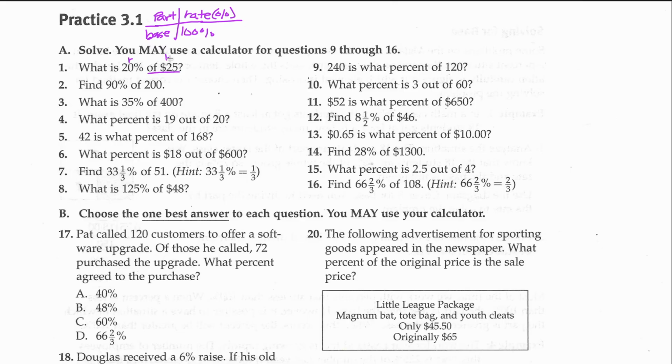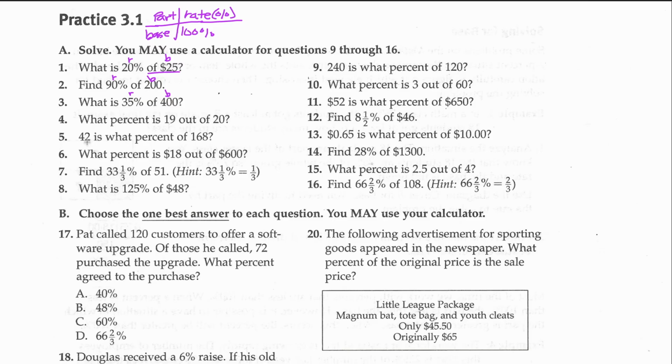So the base is $25. Number 2, R is 90%, and B is 200. For number 3, R is 35%, and the base, B, is 400.